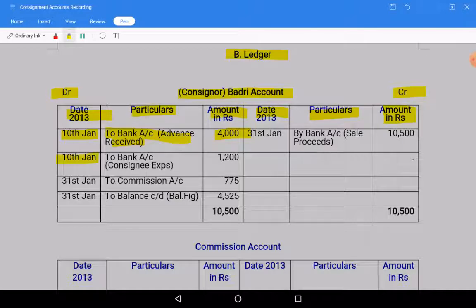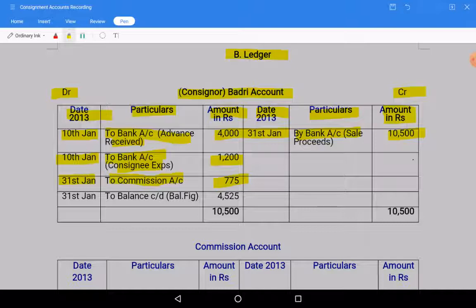And he has paid some expenses. Bank, for the expenses of consignee 1200, and he has sold on 31st January by bank account 10,500. On 31st January, same commission receivable from consignor.